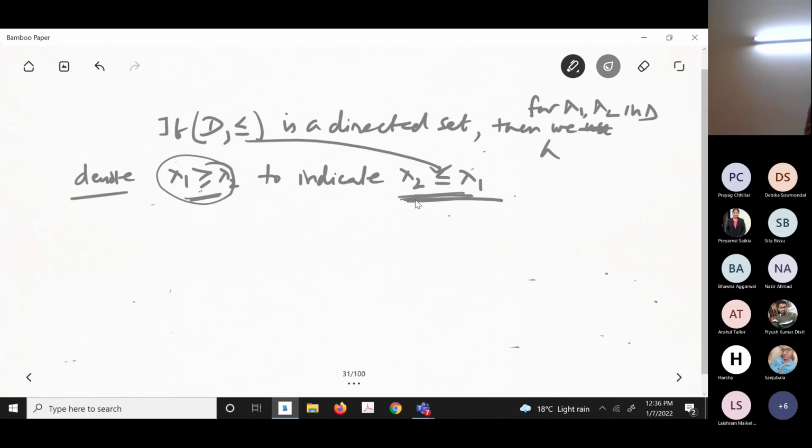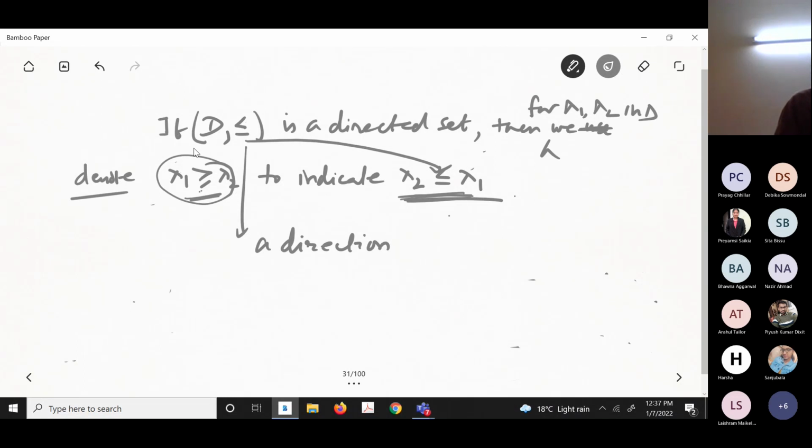By this we mean this, and this is called a direction. That means a directed set means you have a non-empty set with a relation which is reflexive, transitive, and cofinal. So this is called the directed set.